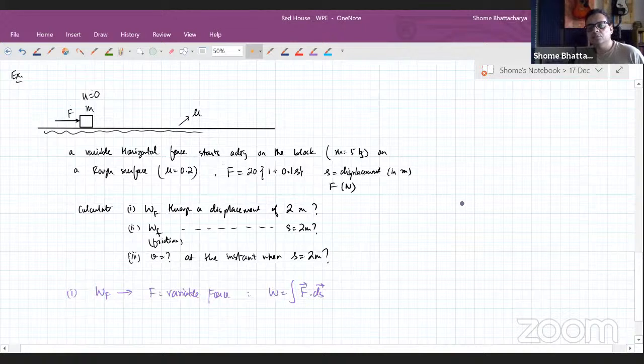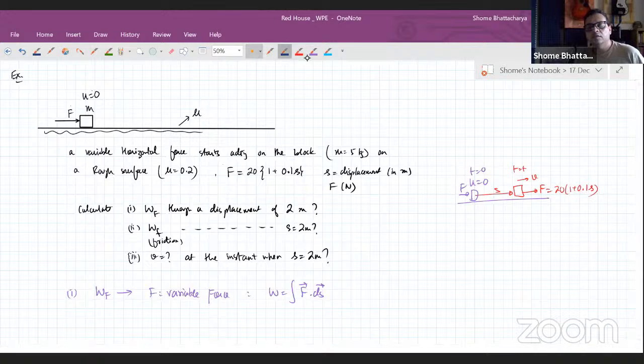As the block moves, if this was the initial position at time t equal to 0, at some general time t, when it has made a displacement of s, it has a velocity v. At that point, the force is given by the formula 20 into (1 plus 0.1 s).